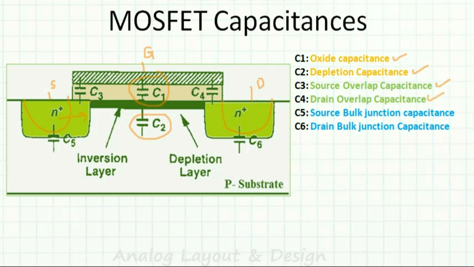Then we have the source and drain regions and the bulk, so they have some junction capacitance, which we will also look into in detail. So these are the different capacitances available in the MOSFET.